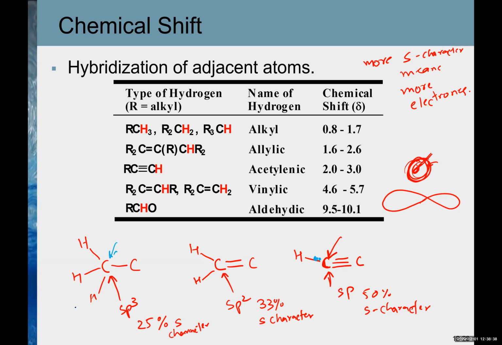So for sp3, there is maximum shielding, so the signal will be closer to 0, or a lower chemical shift value, which is true. Protons bonded to sp3 carbon appear at quite a low value, 0.8 to 1.7.